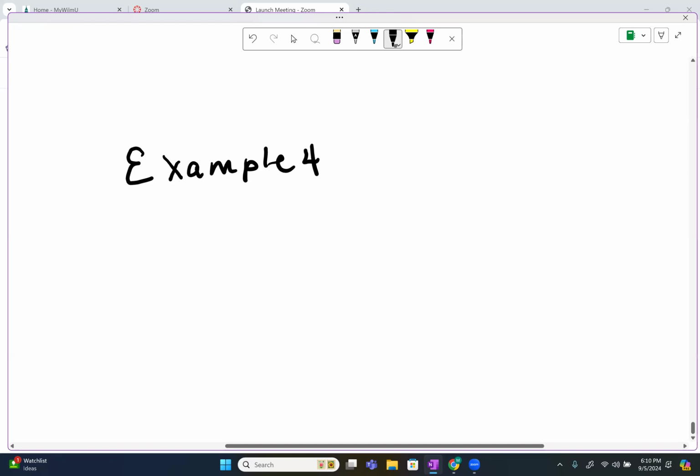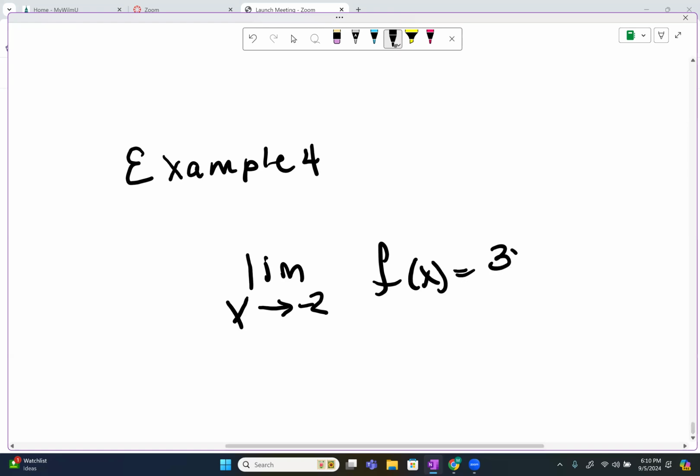In example 4, we have the limit as x approaches negative 2 from the left for f of x equal to 3x plus 2 over 2x plus 4.